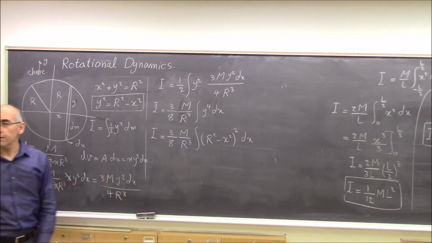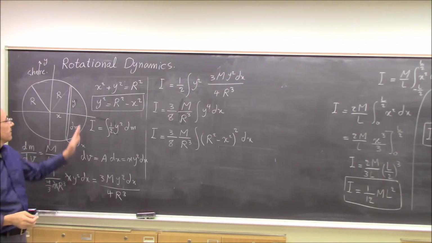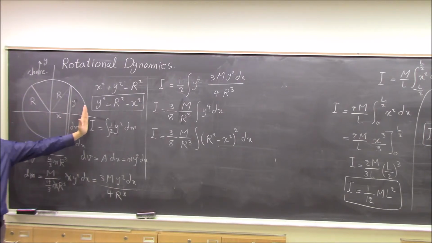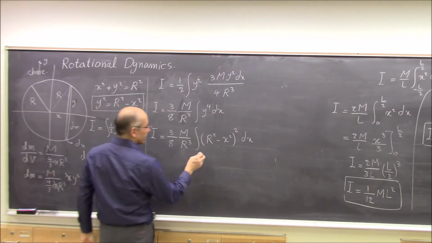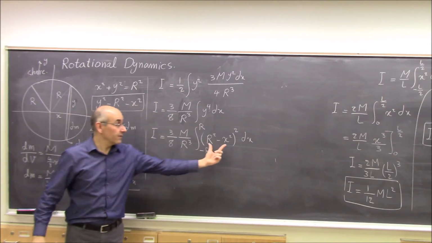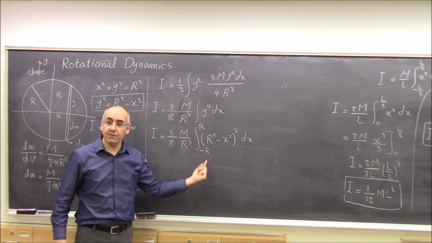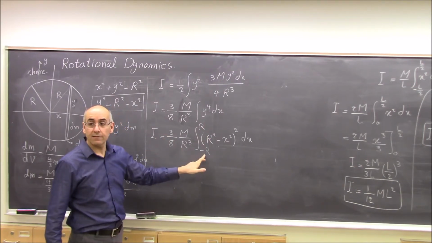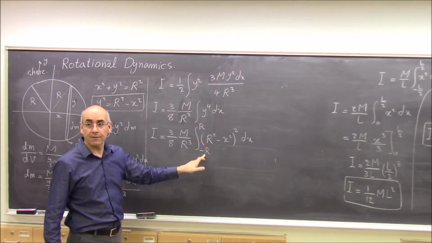And what are the limits of x? To cover all the masses, it goes from negative R to R. Again, you have an even function over a symmetric integral. Can I just put a 2 here and take from 0 to R? Yes.